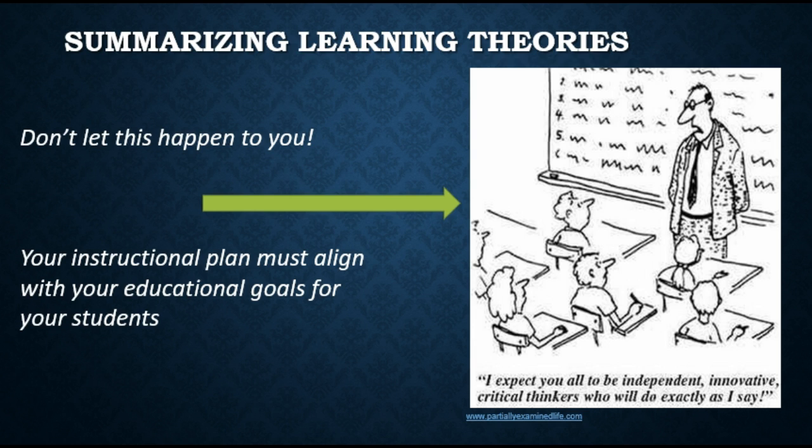In a 100 level course, for majors, probably your primary educational goal is to lay a foundation. Students need to memorize information that they will use in their subsequent classes, okay?